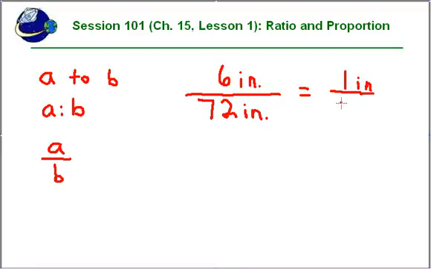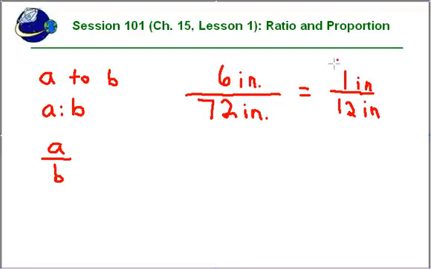And if we divide the bottom, 72, by 6, oops, it's not 16, it's 12. 72 divided by 6 is 12 inches. So we have a ratio here. For every 1 inch in the picture, that represents 12 inches in real life. This is an example of a proportion.